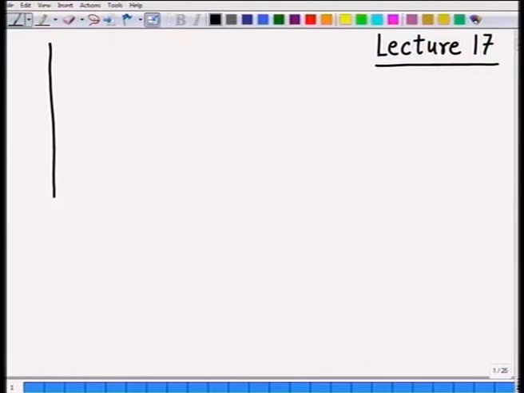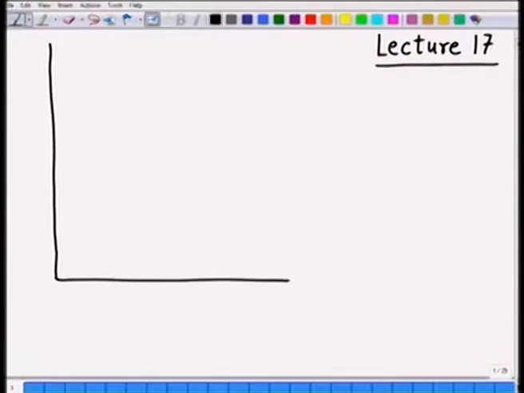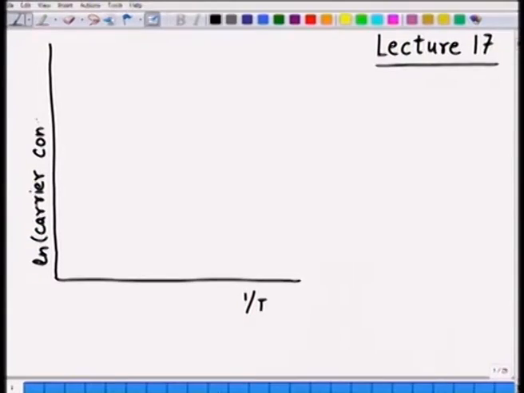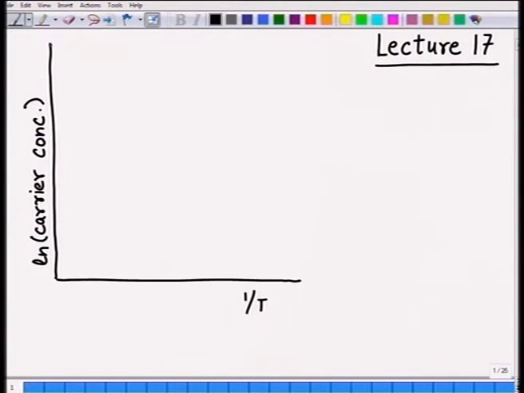What we had done in the previous lecture was that now we are at a point where if we plot 1 over t versus log of carrier concentration, carrier concentration on this axis, then we had that if this is the intrinsic carrier concentration, something like this, and this is the amount of doping.